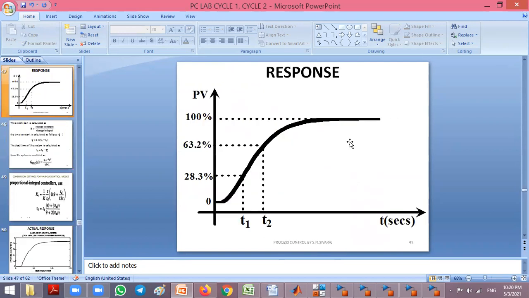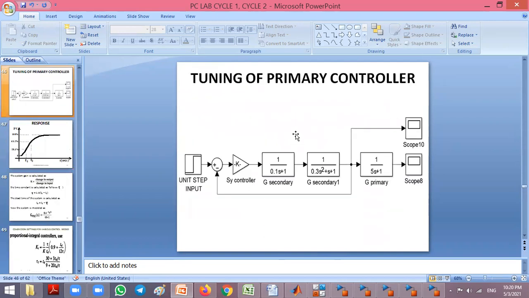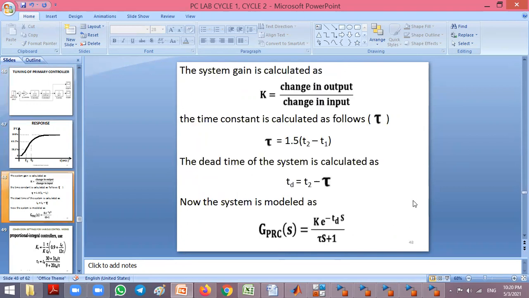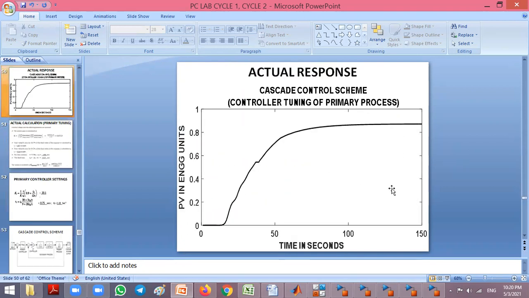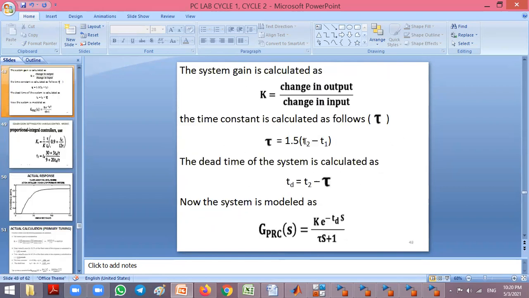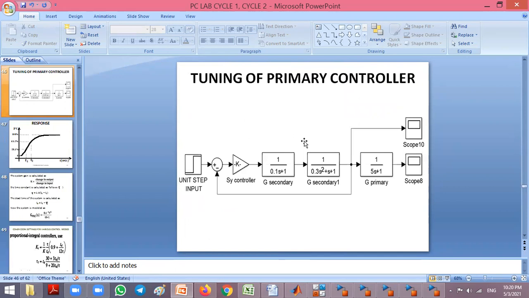Why will it not settle at 1? Because here you have a closed loop condition. So even though you give 1 as the input, the process will not settle at 1. The maximum value will be settling at some other value, 0.83. To note that down, you have to give 1 meter here.